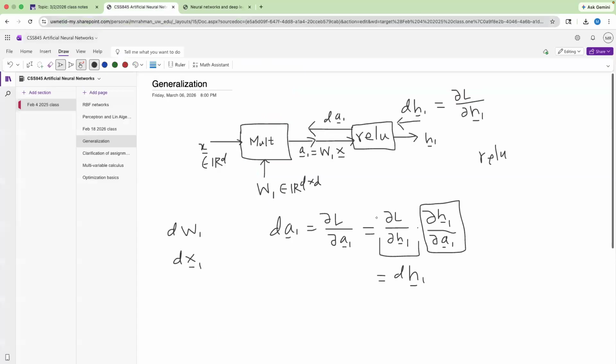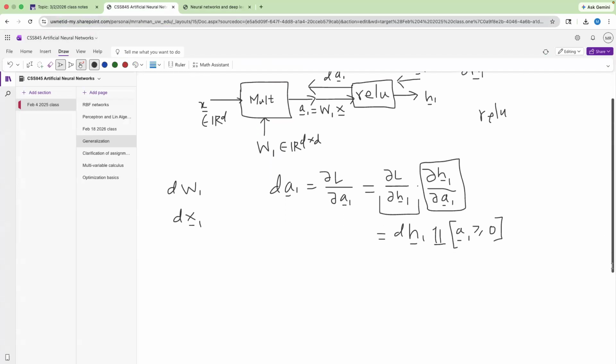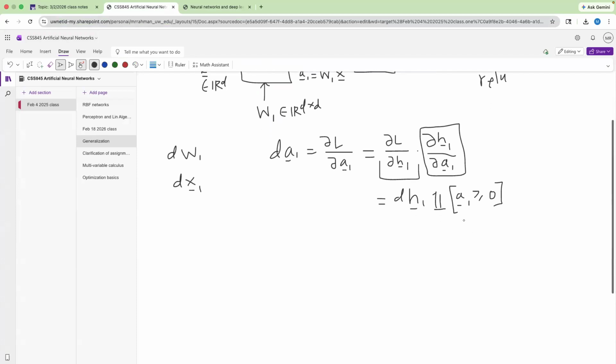Okay, so if we apply that, then this will be just the indicator function of the activation a1 being greater or equal to 0. And now how do we actually say whether a1 is greater or equal to 0?